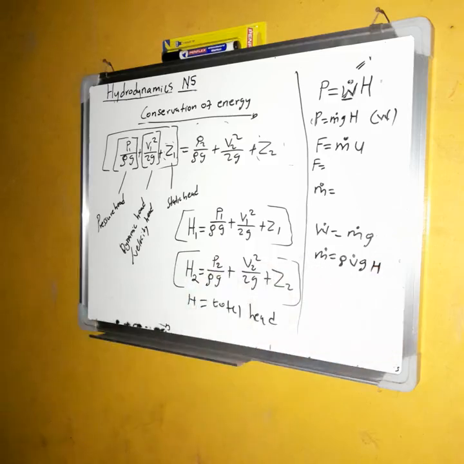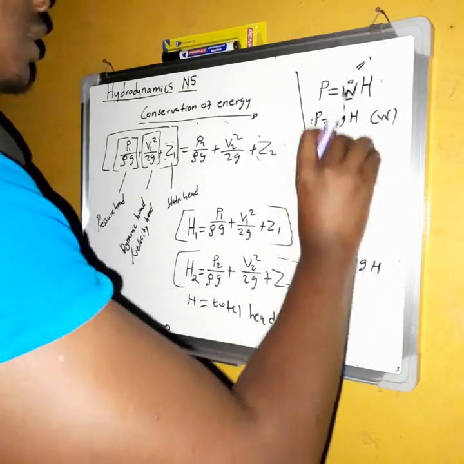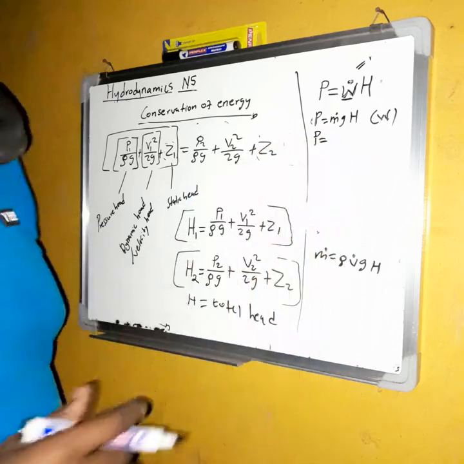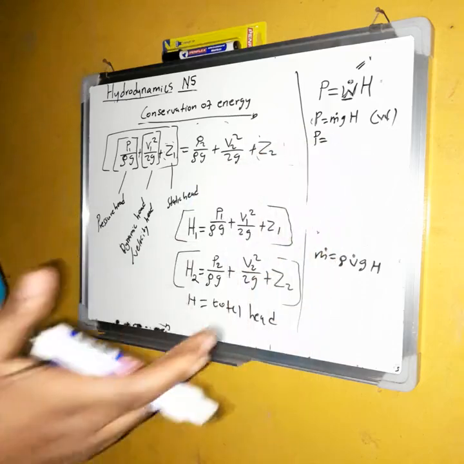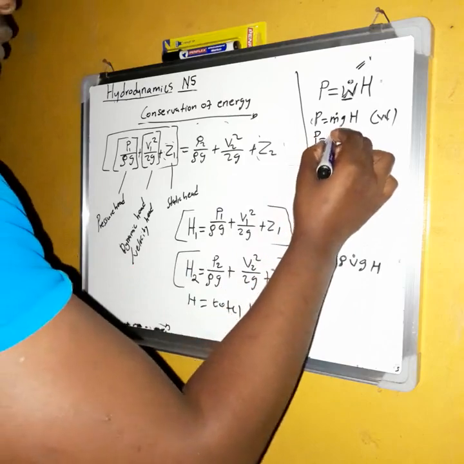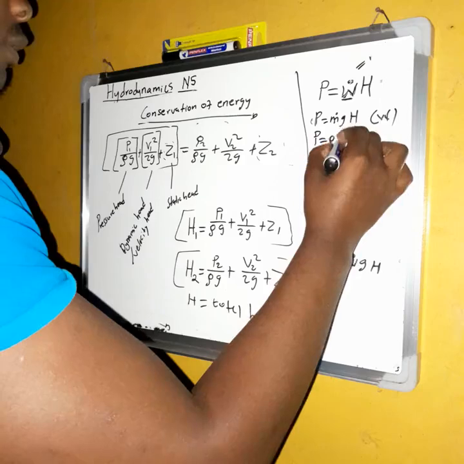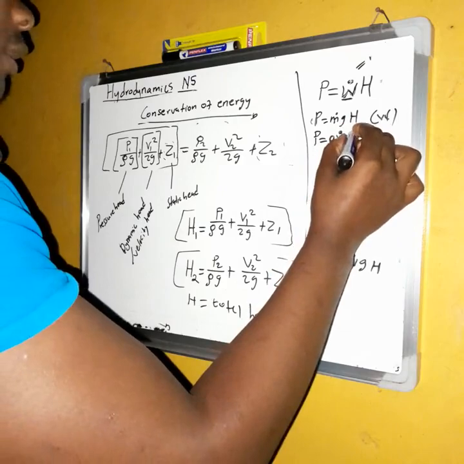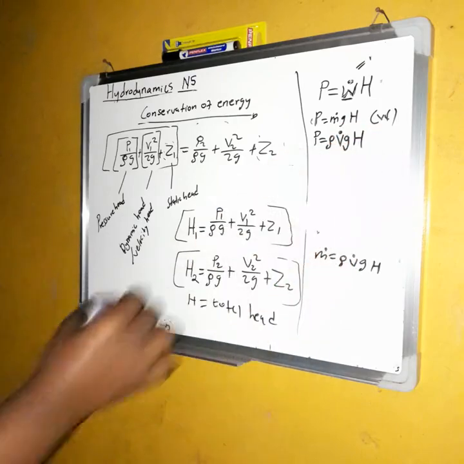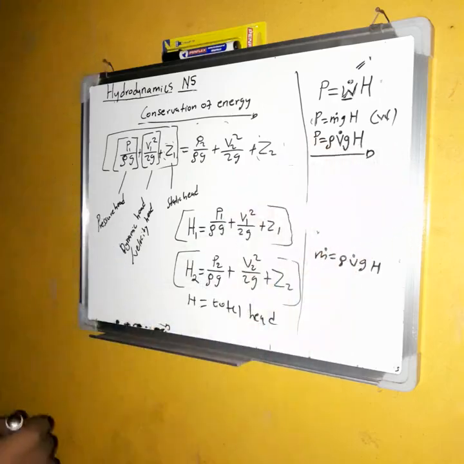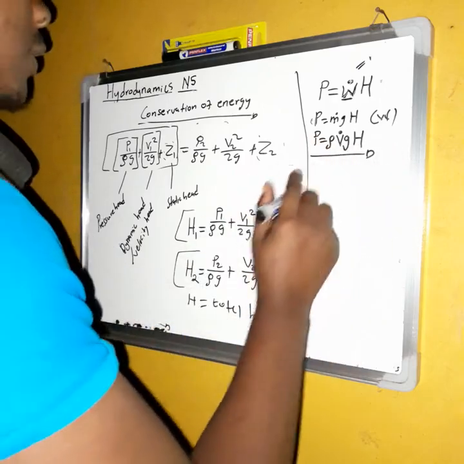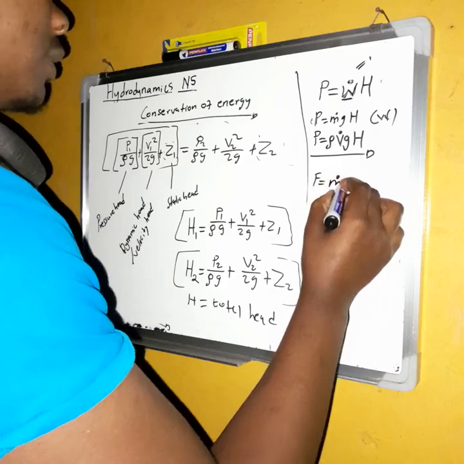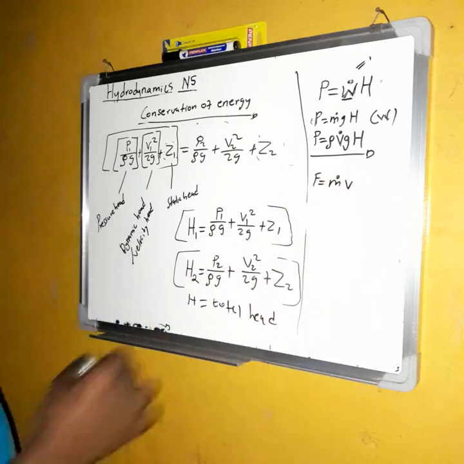So the power here, since I've derived that, can be density multiplied by volumetric flow multiplied by g, gravity, multiplied by h. This is power. So the force is mass flow multiplied by velocity.